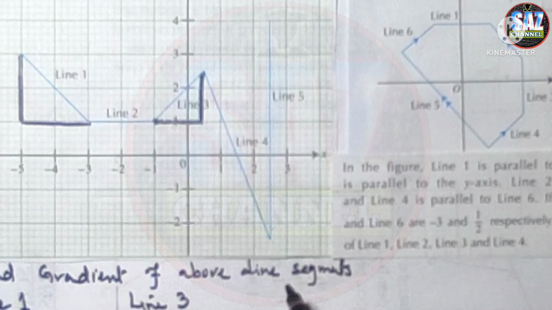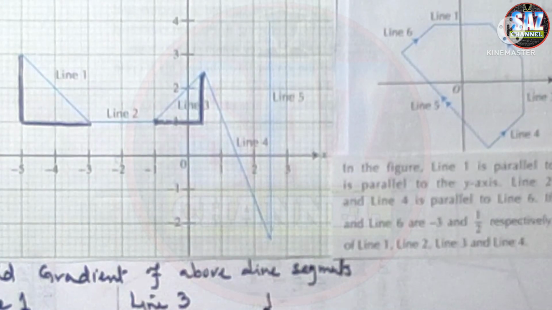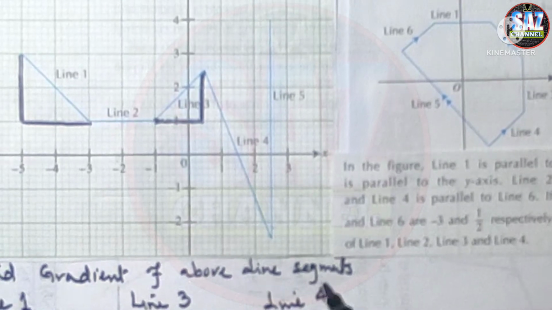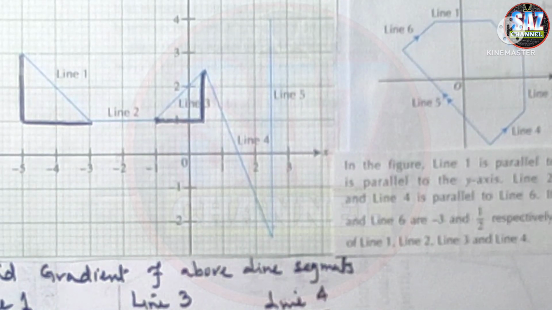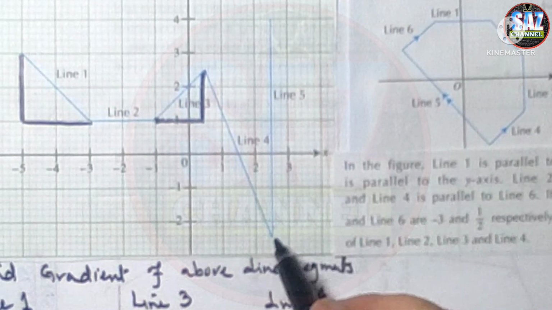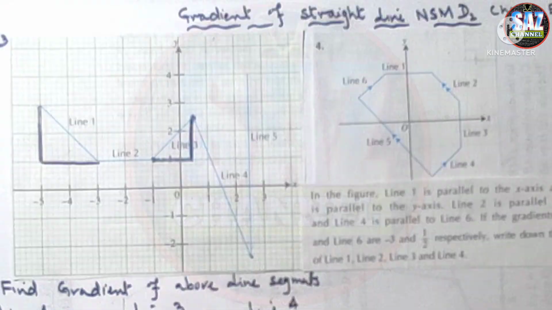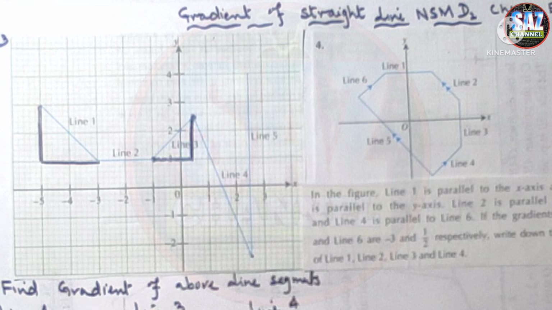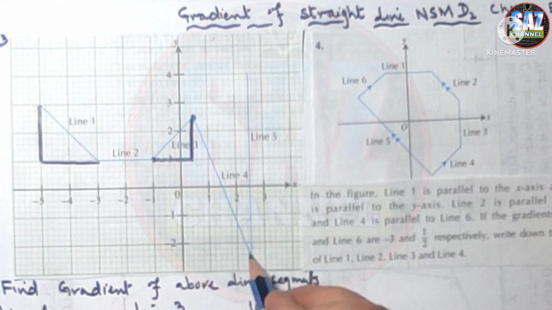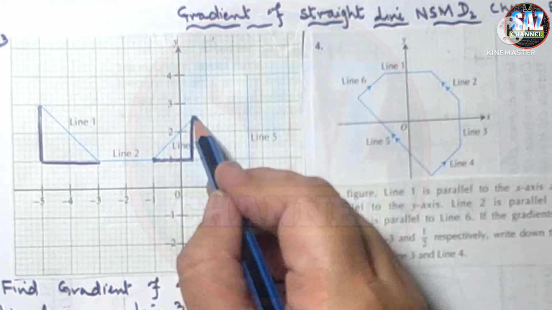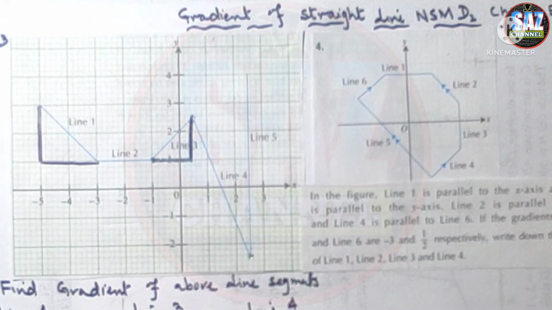Line 4. Again, identify the type of line. Line 4 is again a non-vertical line. So for line 4, M4, first of all, we have to take any 2 points, and we have to complete a right angle triangle on this line.